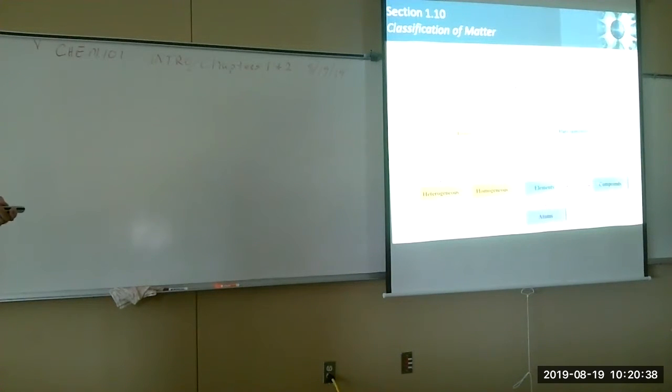But if you want to make elements out of a compound, you need chemical methods. Over here, you can separate by physical means, but to change a compound into element, you have to use chemical methods. That is, you have to break bonds. And I know we haven't defined bonds yet, but take my word for it.